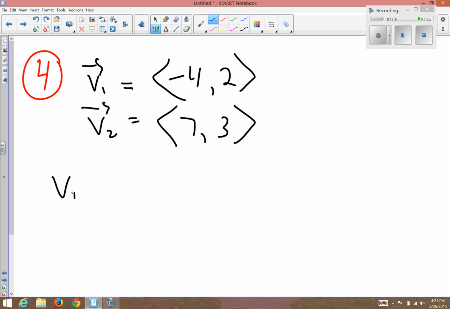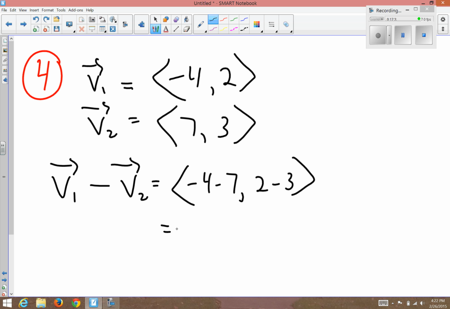Find vector 1 minus vector 2. That means negative 4 minus 7, comma, 2 minus 3. In other words, negative 11, comma, negative 1.